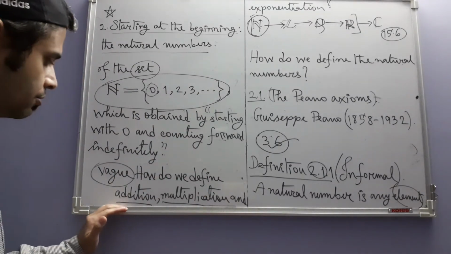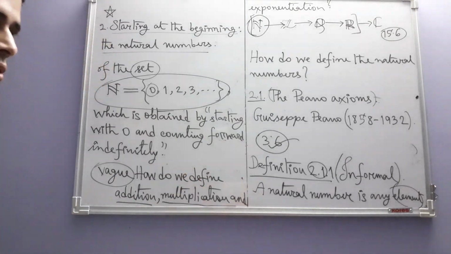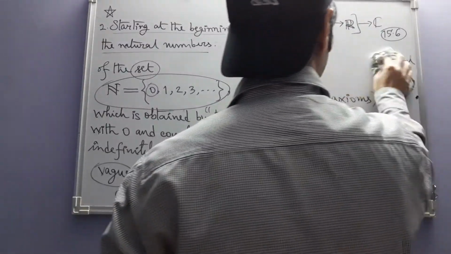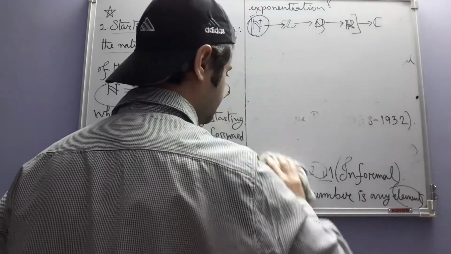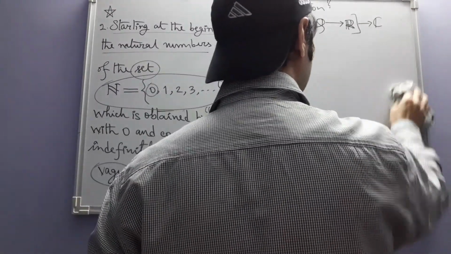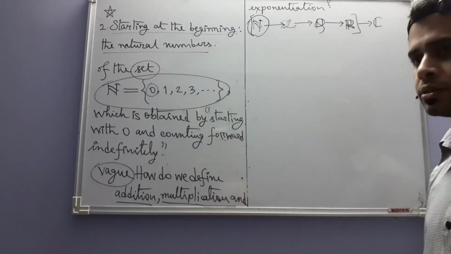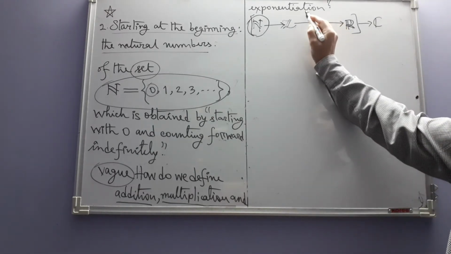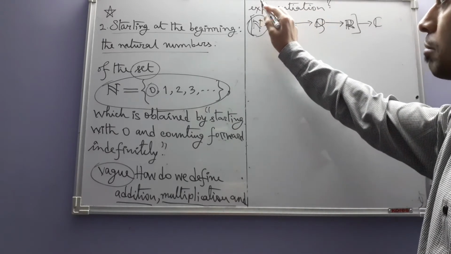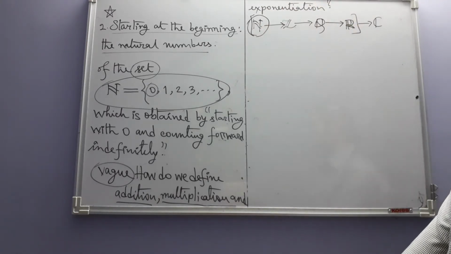So let us try to think of a way of answering this second part. What about the operations? In trying to answer this question of how to define the operations, it's convenient to start with exponentiation first.